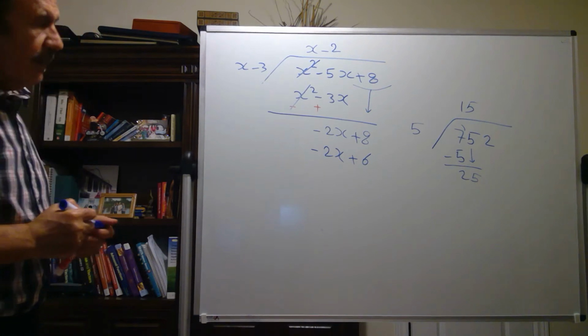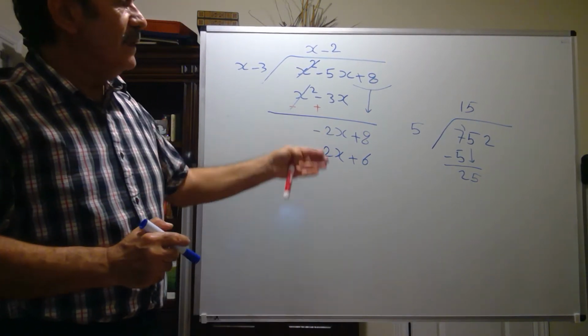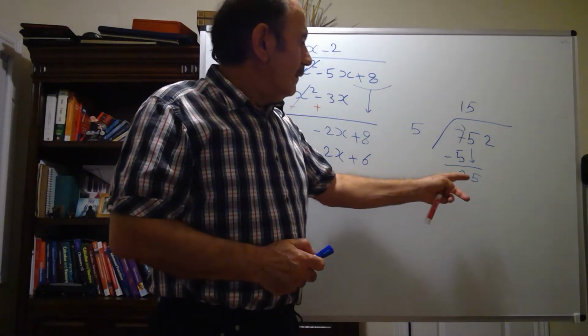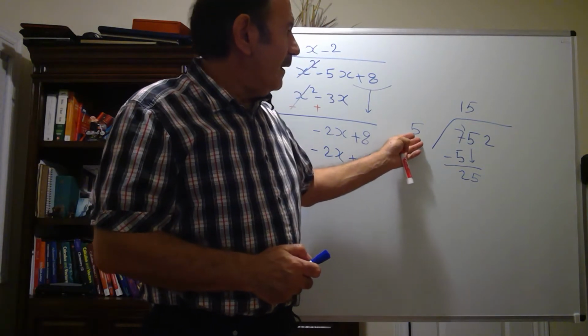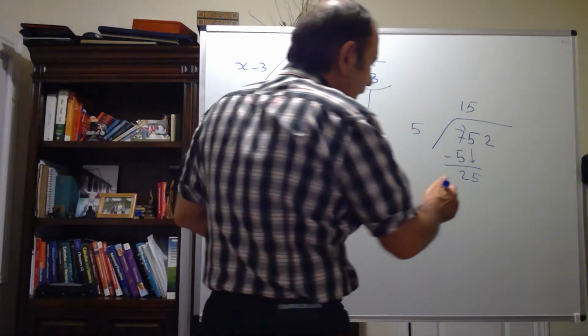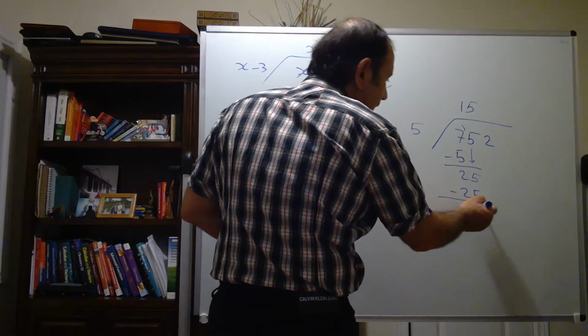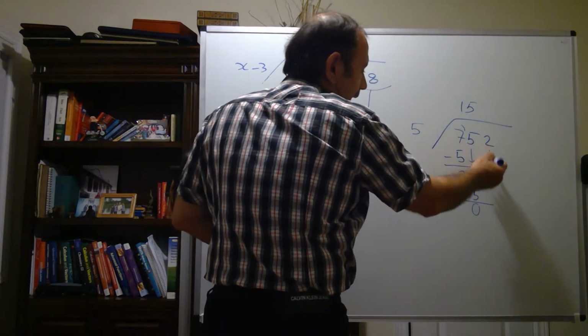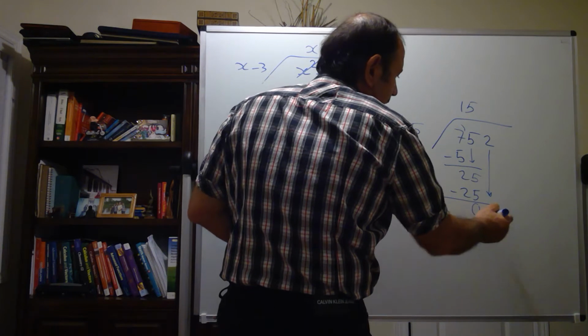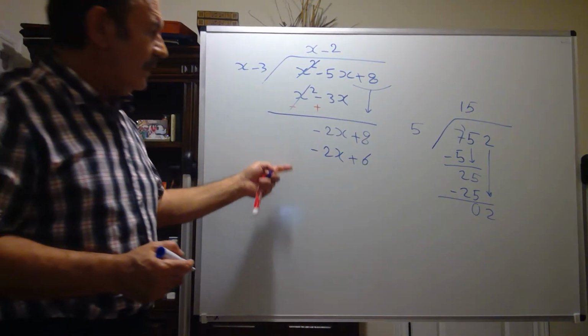Okay? Now subtract bottom from the top. Same as this one, 25 divided by 5 is 5. Then 5 times 5 is 25. Subtract, remainder is 0 for this one, and drop the next one. Now, for this one again the same.